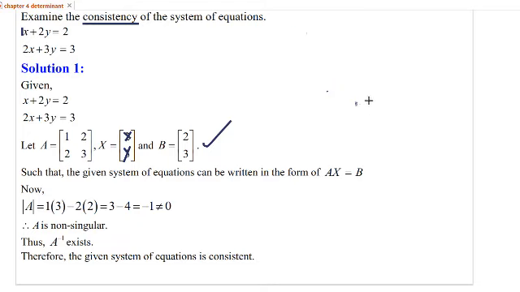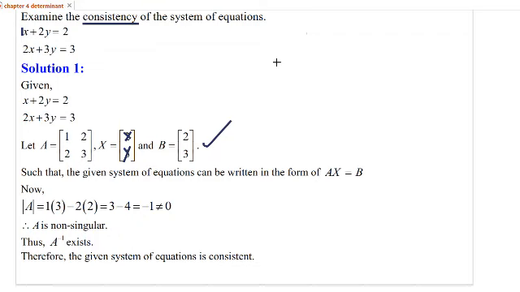Now, how to use this information to check the consistency of the equation? Since AX is equal to B, if I pre-multiply this equation with A inverse, what will I get?